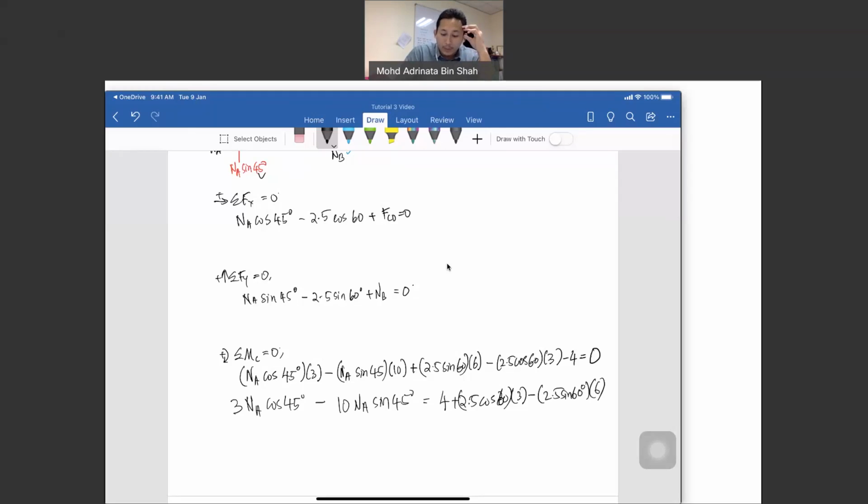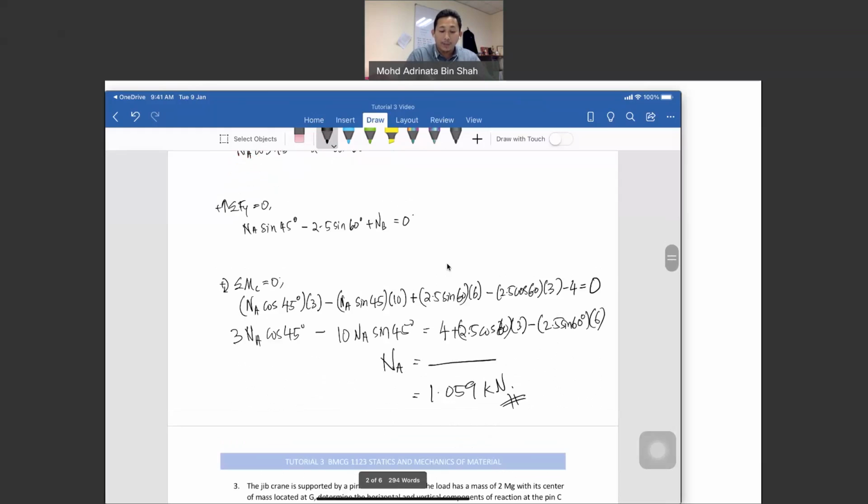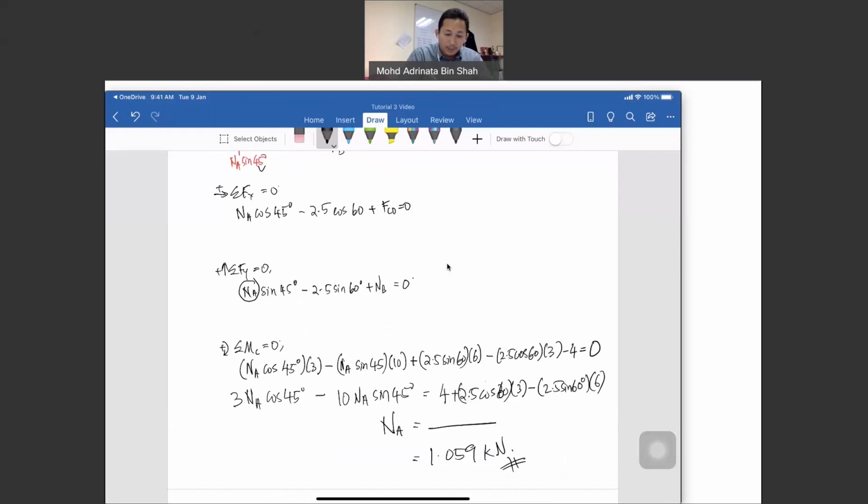So you can solve your NA equals to that divided by that thing. So you get your NA 1.059 kilonewton. So you got your NA, and then you can use your NA here to get your NB, and use your NA here to get your FCD.